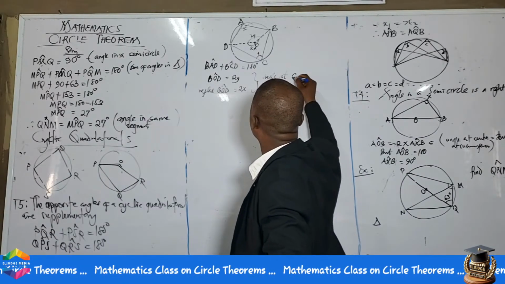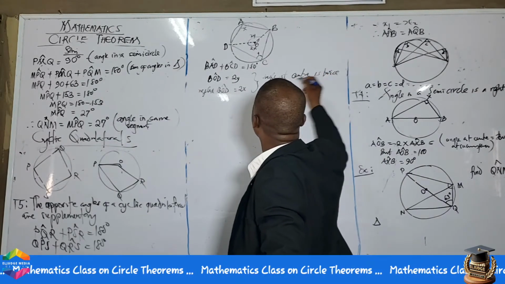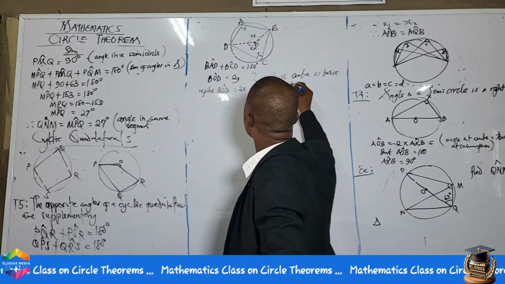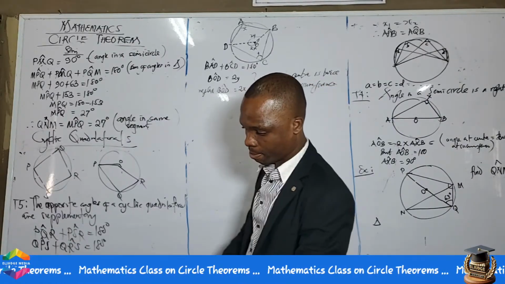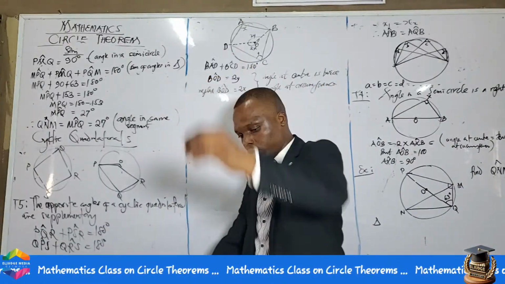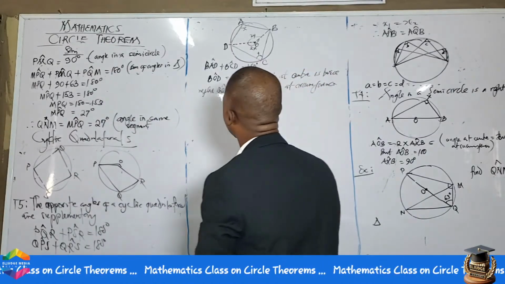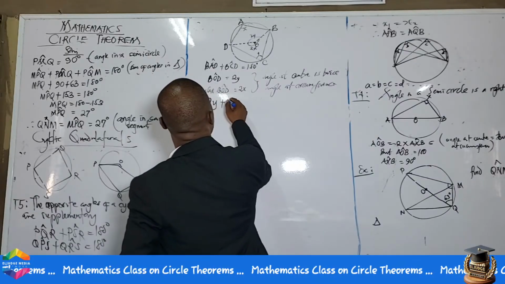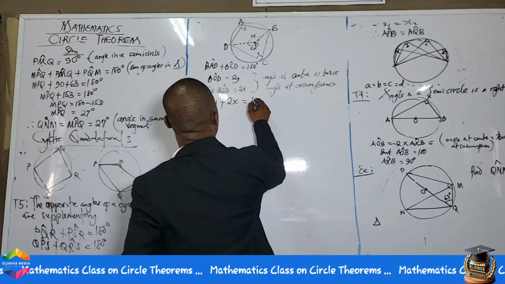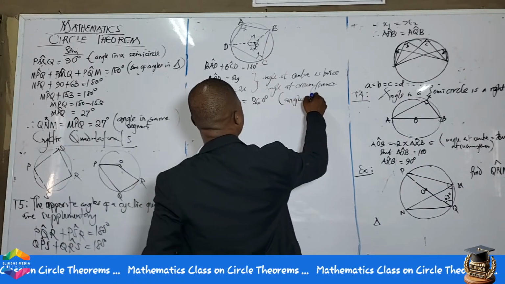Angle at center is twice angle at circumference. So in this case, when you add this, 2y plus 2x equals 360 degrees, angles at a point.